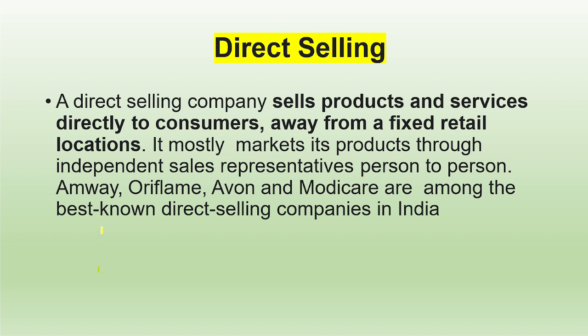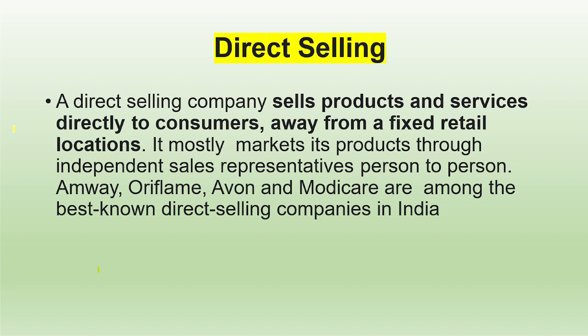Direct selling companies sell products and services directly to the customer away from fixed retail locations, where the customer will not come to the shop. Here the product or service will be sold to the customer directly. It mostly markets its products through independent sales representatives.